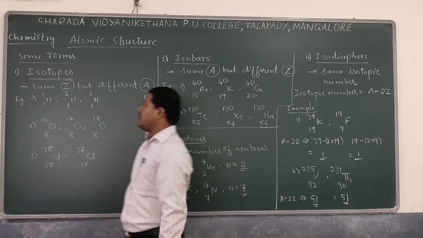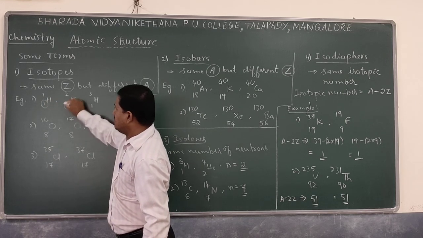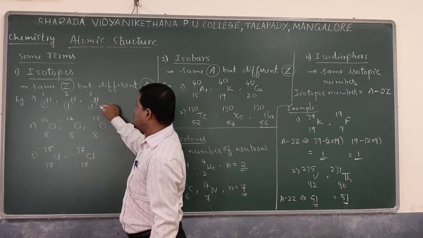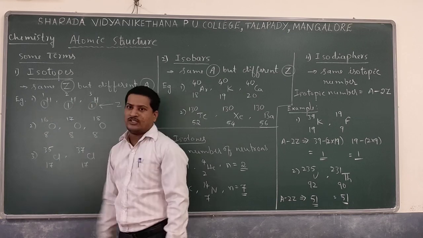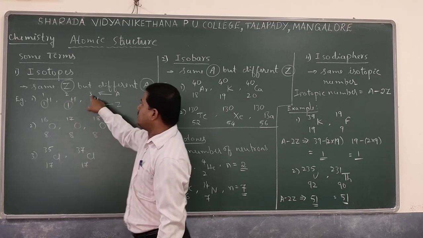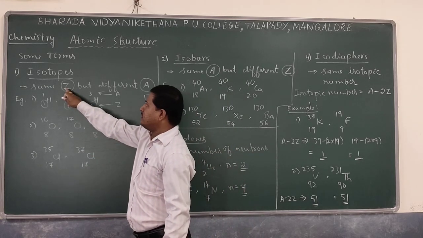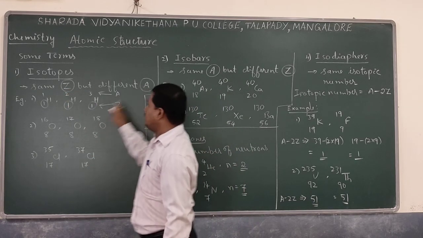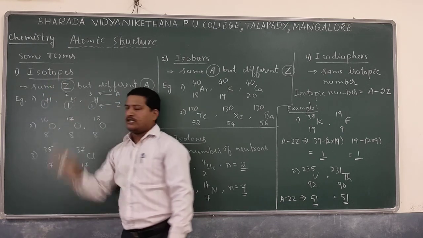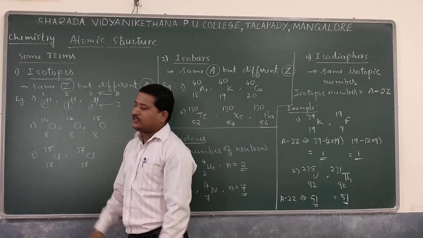And in all three cases, look at that, the atomic number Z value is the same. Here the Z value is 1 each. But what about the A value? Here it is 1, here it is 2, here it is 3. The A values are different. So the statement says same Z value but different A value. These three come under the category called isotopes, and these are the three isotopes of the hydrogen atom.